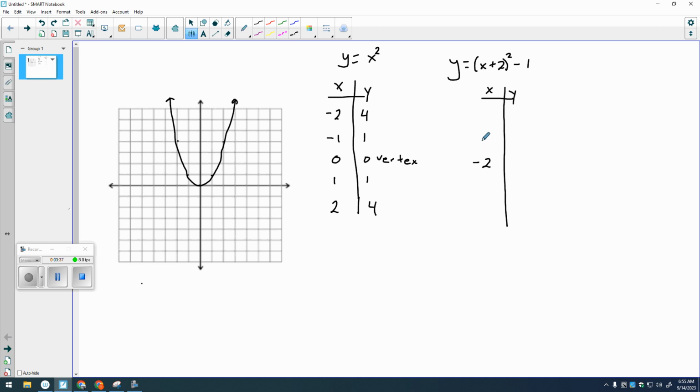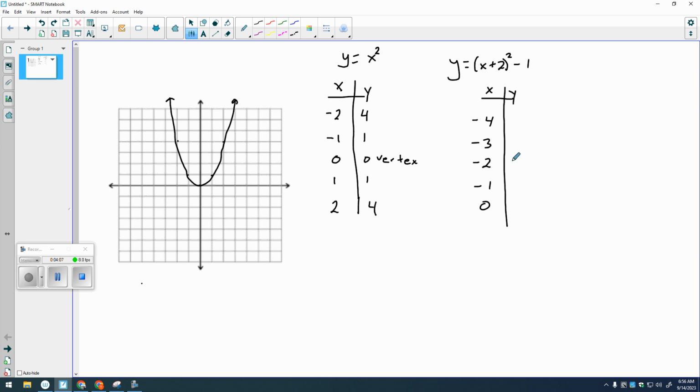Okay, so working to the left, I get -3 and -4. Working to the right, I get -1 and 0. Numbers that are smaller, numbers that are bigger. Now I'm just going to plug them in. -2 plus 2 is 0. Squared is 0.